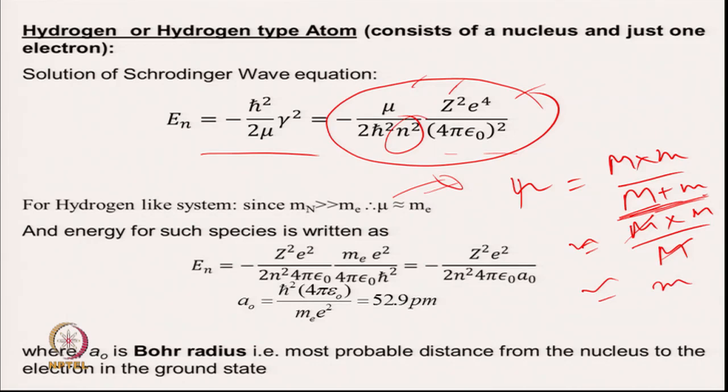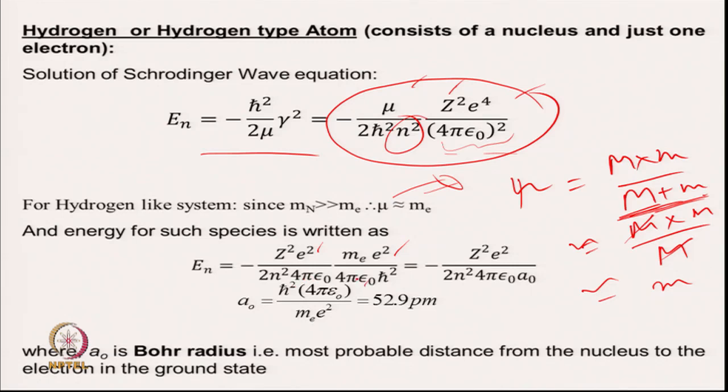So what we will do is replace μ by m, and then I have simply written this as Z²e² by 2n² into 4πε₀. What is left is your μ, which is equal to M_e, then e has power 4. I have already written e², so there will be another e², (4πε₀)², one term I have written here.